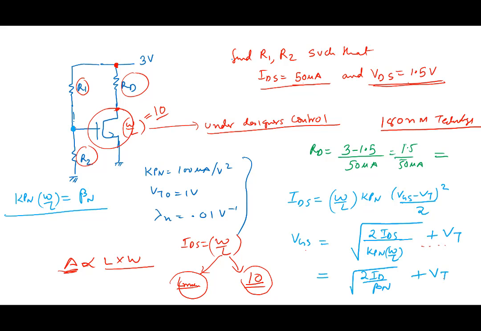Let's see. 2ID by beta N. ID is 50 microamperes, so 2ID is 100 microamperes, divided by Kpn is 100 microamperes, W by L is 10.